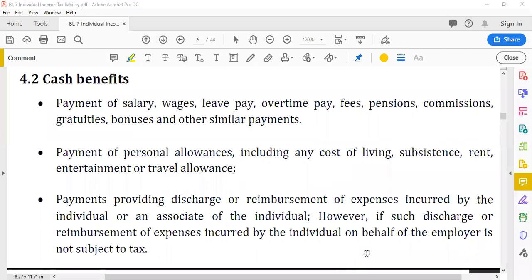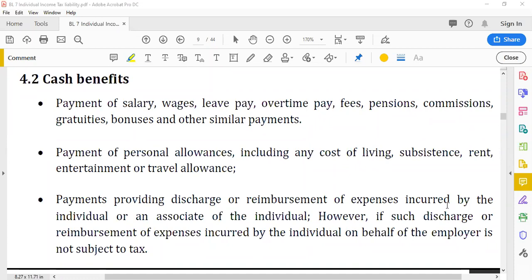If you consult a doctor or engineer or an architect, a consultant, you do not pay salary, you pay fees. Fees, right? Pension, you know what pension means.